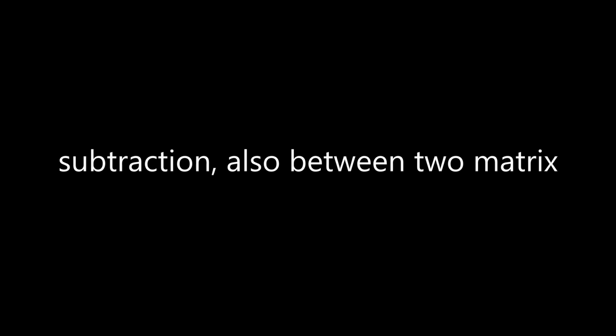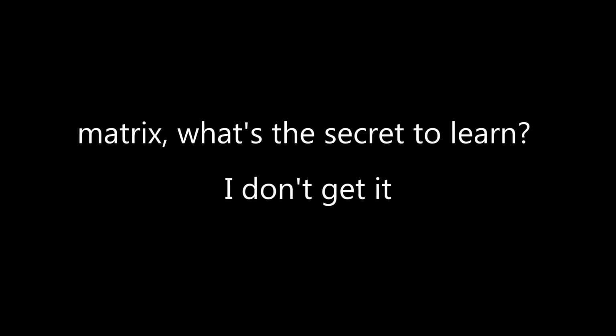Learning operation between two matrix, subtraction, also between two matrix, Yeah. addition. Let's learn it first. How about the type? They are square and rectangle. Then I read it. Also, rough vector. Don't forget column vector. And matrix in first. I think it's not easy. Cause you need a way to find the identity. Identity. Matrix one is secret to learn. I don't get it. Feel like I need to find the determinant. Run into the properties and I grade it. Yeah. I forgot again, bro.